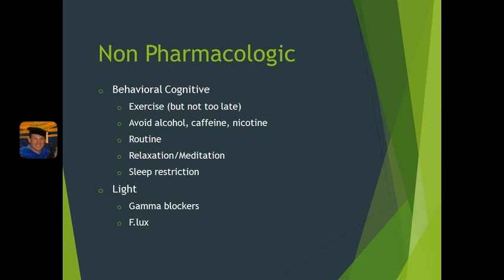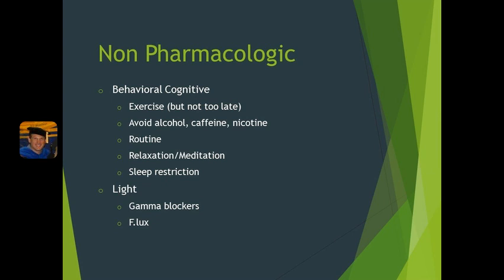Now, alcohol helps people go to sleep because it's a central nervous system depressant, but it can actually impair the quality of sleep. So avoid alcohol. Caffeine should be obvious. Some people can drink caffeine and then go to sleep, no problem. I am one of those people. My wife, on the other hand, if she has caffeine after about 10 in the morning, she can't sleep later that evening. And then nicotine can also interfere with sleep.